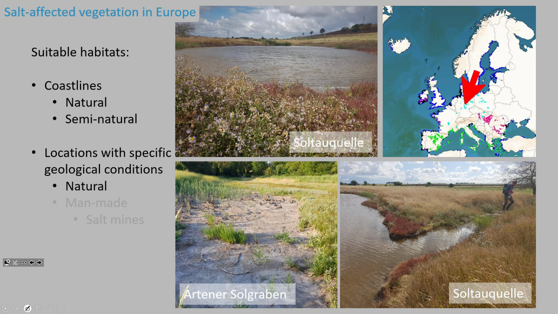And here you see two examples that are rather natural. The Soltauquelle is purely natural. It's a site where salt water comes up from deeper soil layers and brings up salts from the Zechstein times.